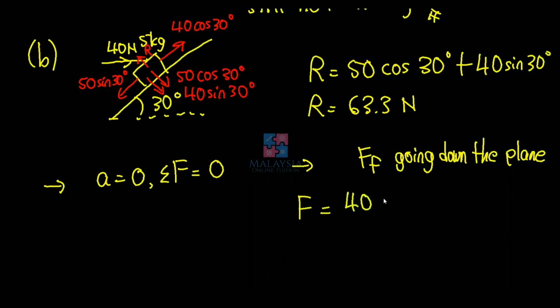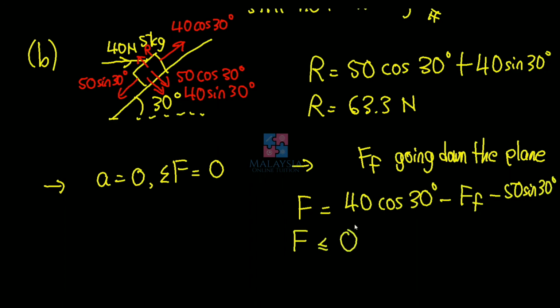So 40 cos 30 degrees minus frictional force, and then minus 50 sine 30 degrees. We want this force to be less than or equal to 0. How should I say this? If it is bigger than 0, that means it will be going up the plane.